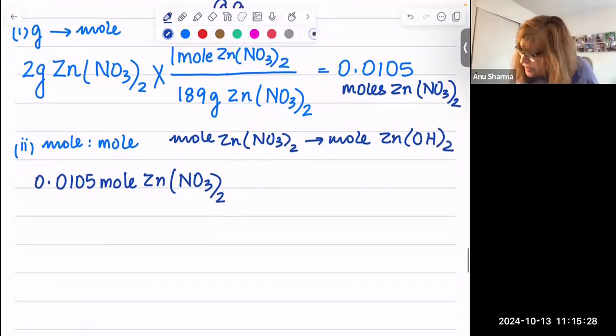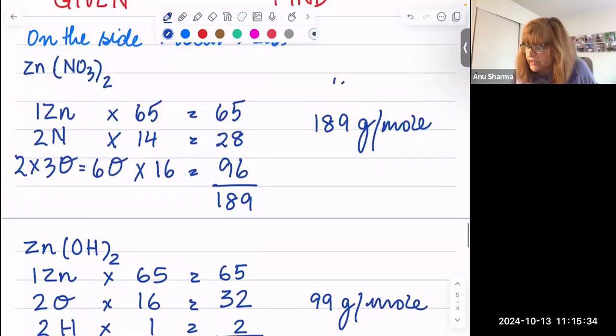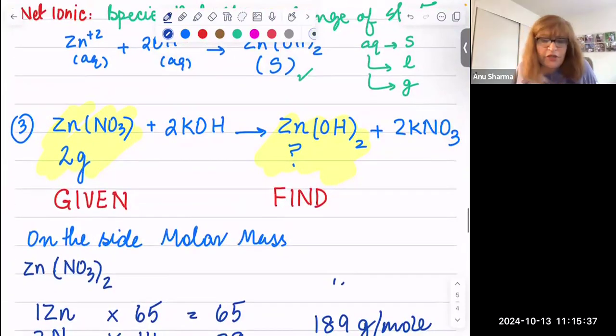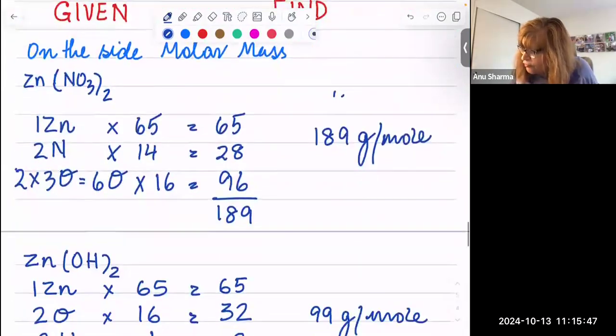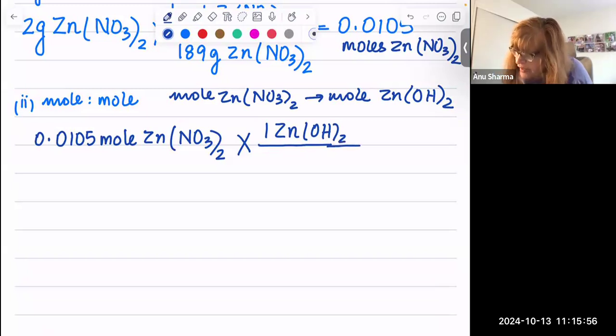All right. So here we see times. Now, this part you're going to look in the balanced equation. So in the balanced equation, what do we see? We see that zinc nitrate and zinc hydroxide are in a 1:1 ratio, right? So 1 mole of zinc nitrate, zinc hydroxide is produced, because this is what you want to find, moles of zinc hydroxide.